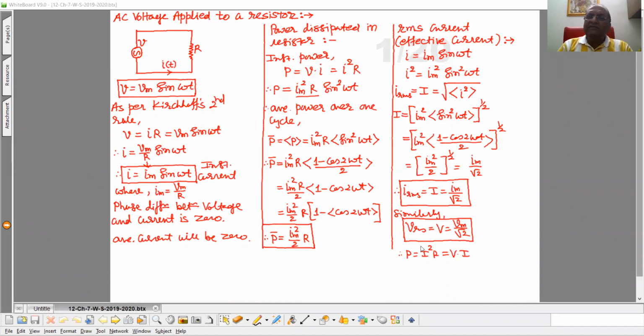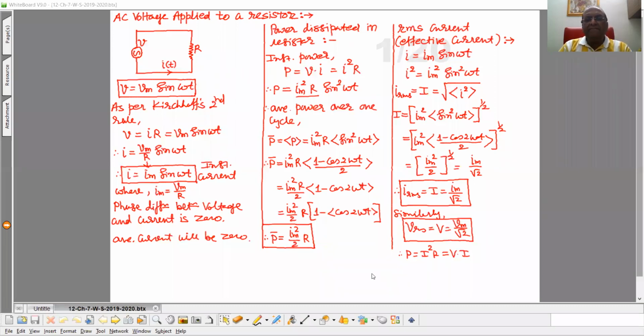Now directly we can write the RMS voltage also, Vm by root 2. If we solve in the same manner, V equal to Vm sine omega t, and calculate V RMS, we will get the same value.